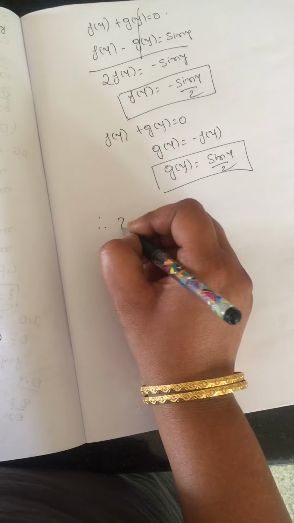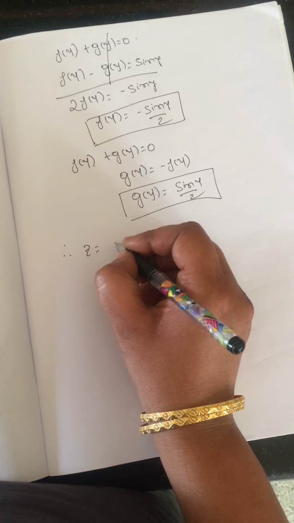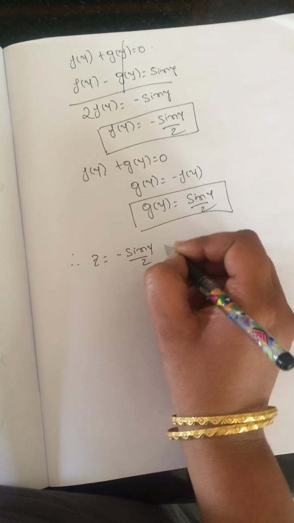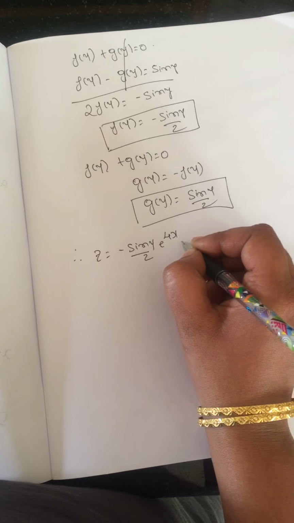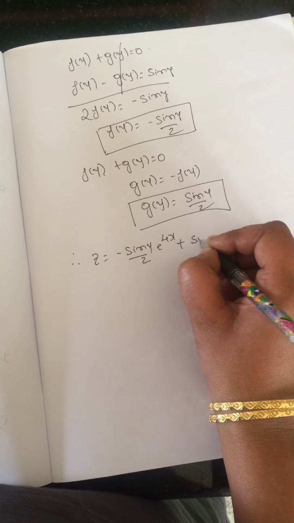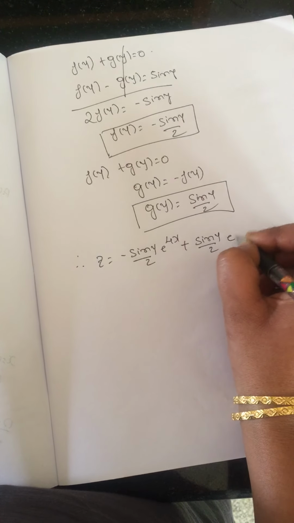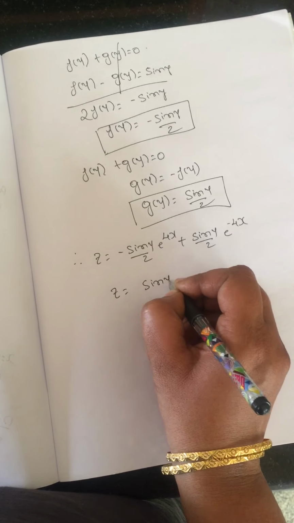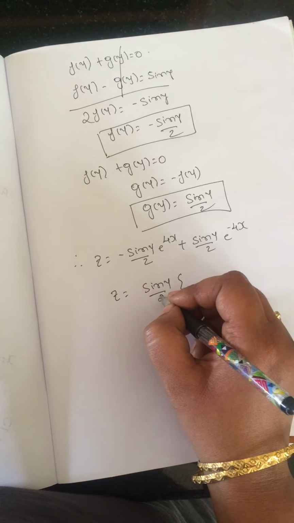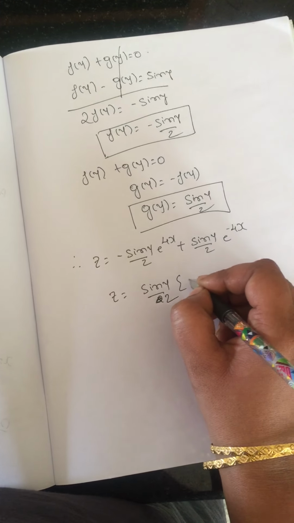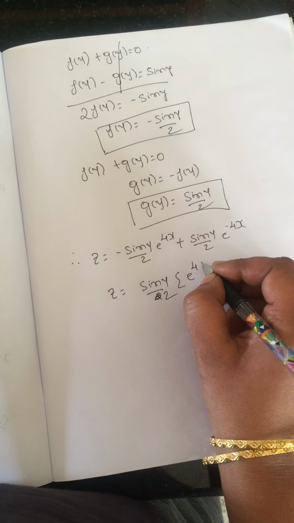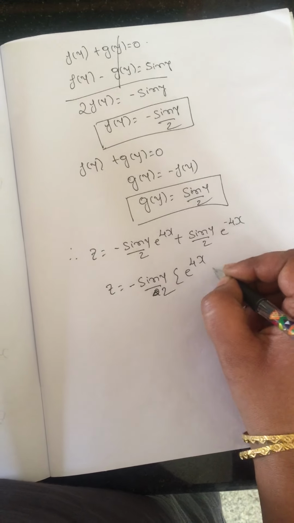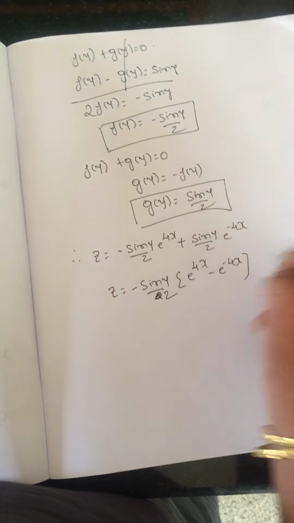Therefore, z is equal to f of y value, sin y by 2 into e power of 4x, plus g of y value, minus sin y by 2 into e power of minus 4x. Then at last take sin y by 2 as the common factor, we get e power of 4x minus e power of minus 4x.